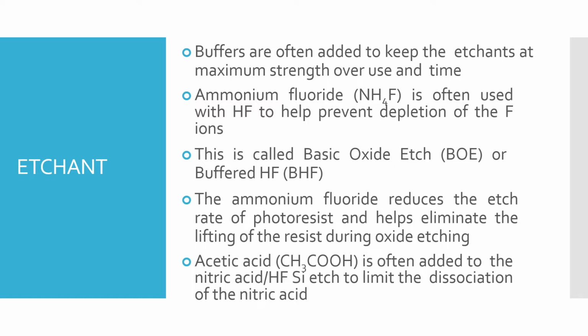The ammonium fluoride reduces the etch rate of photoresist and helps eliminate the lifting of the resist during oxide etching. Acetic acid is usually added to the nitric acid and HF when the Si etch operation takes place, to limit the dissociation of the nitric acid.